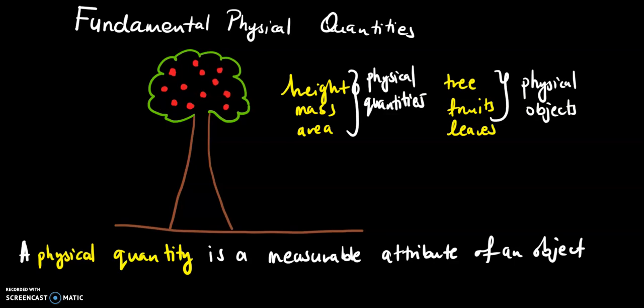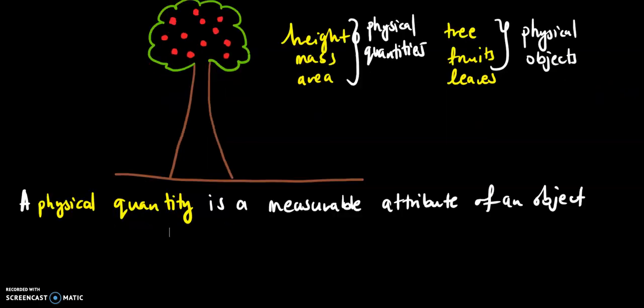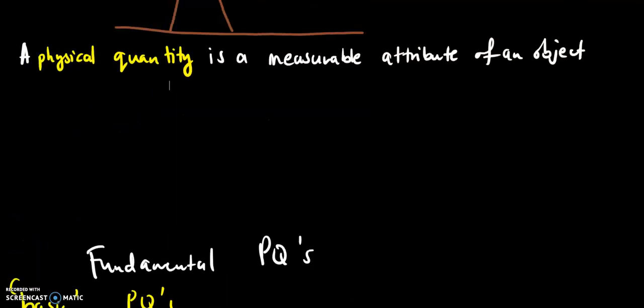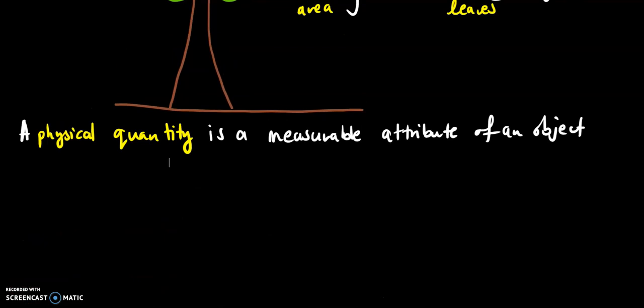All physical quantities possess at least two characteristics. One is a numerical value, and the second one is a unit.